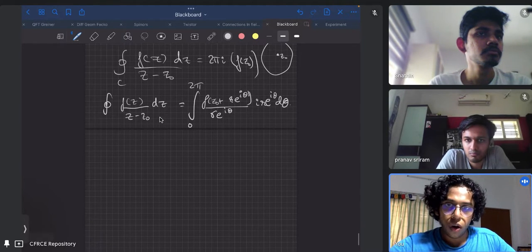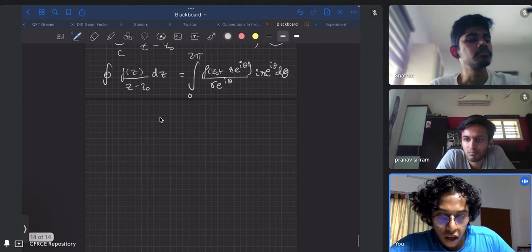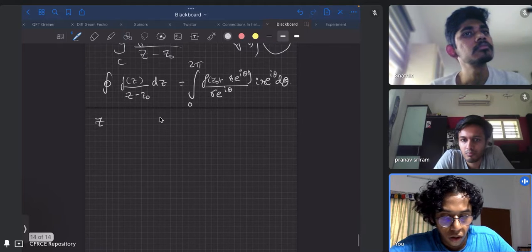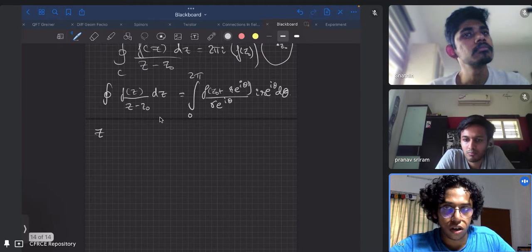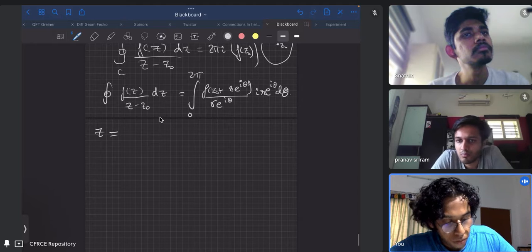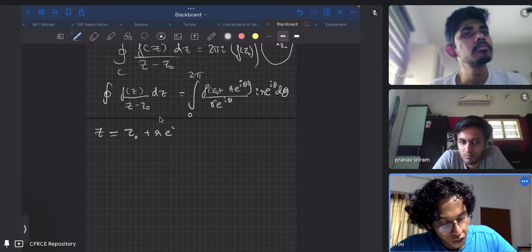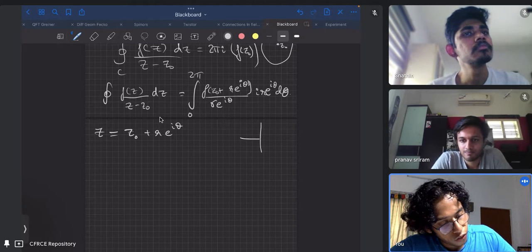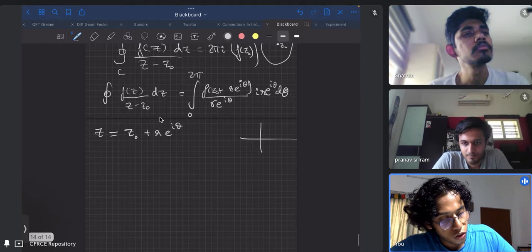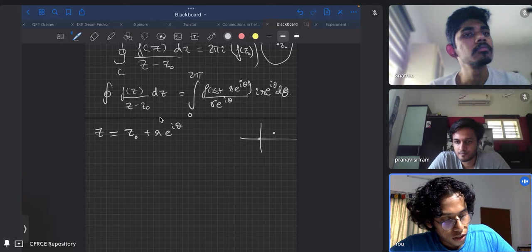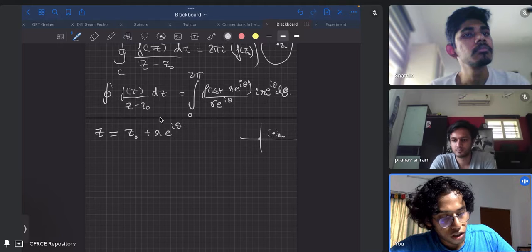So how are we writing this down? Note that the other key idea is that you write down your point on the circle. You write down your z, the variable, in terms of z naught plus r e to the power of i theta. So essentially you're shifting the whole contour, drawing a circle around z naught.